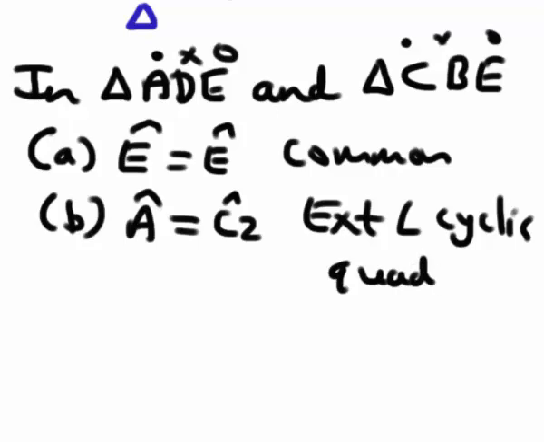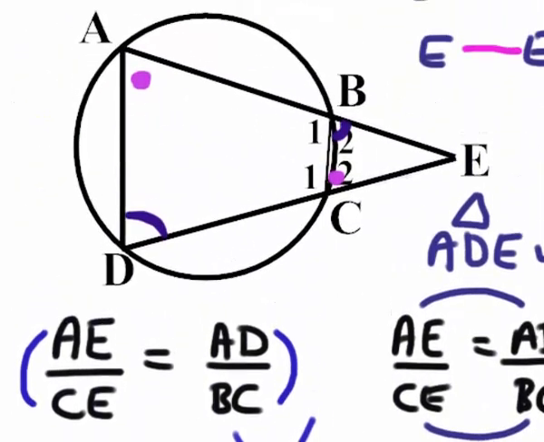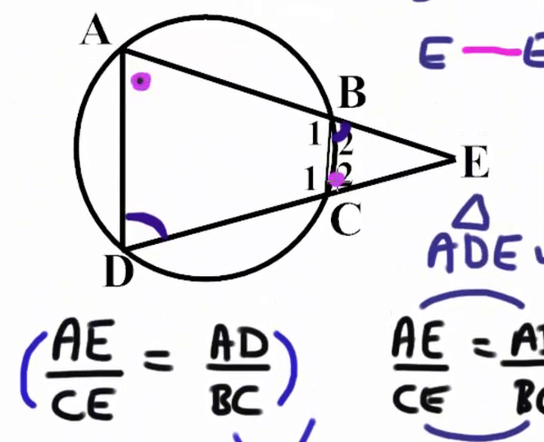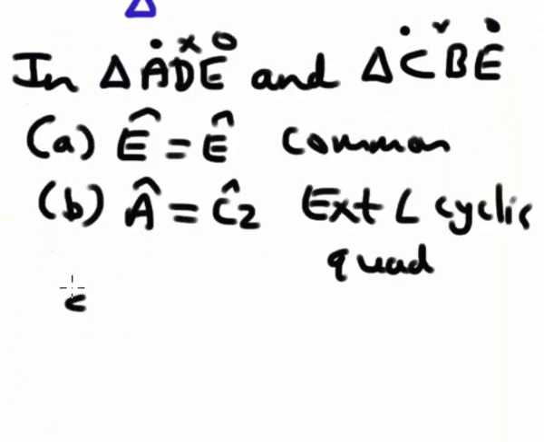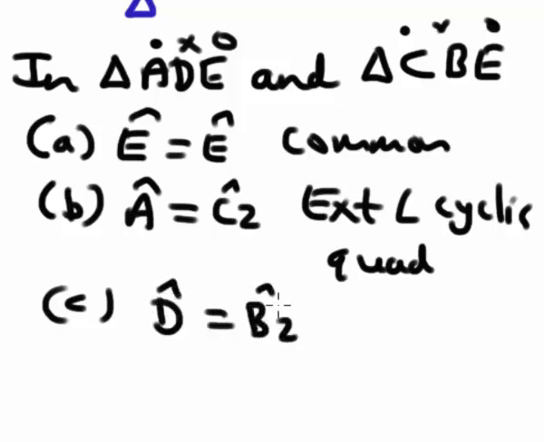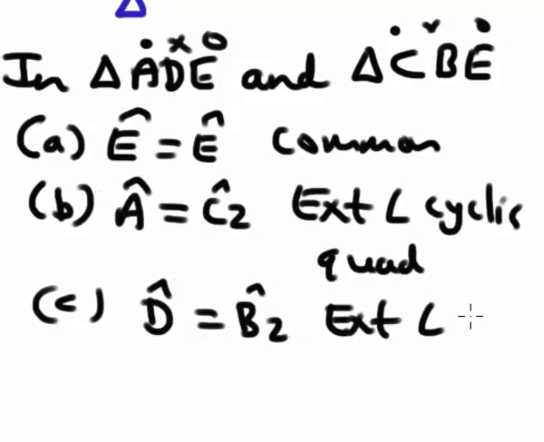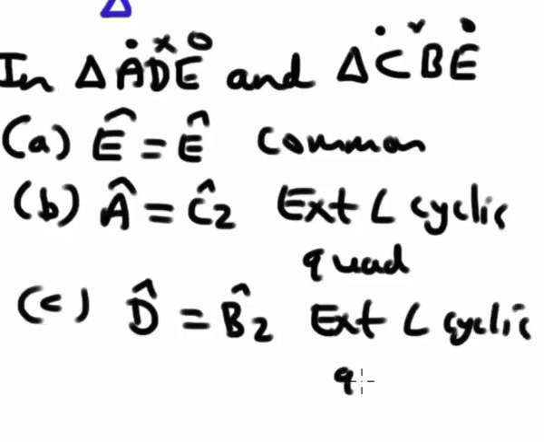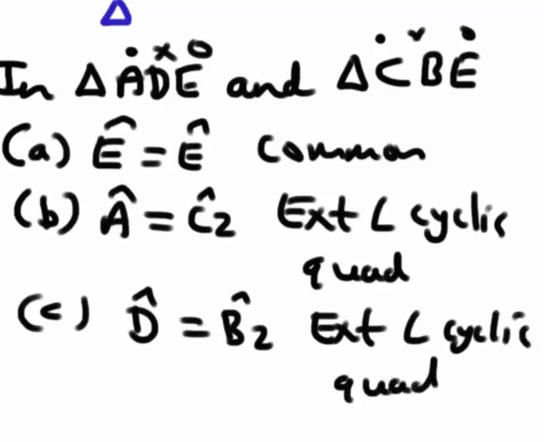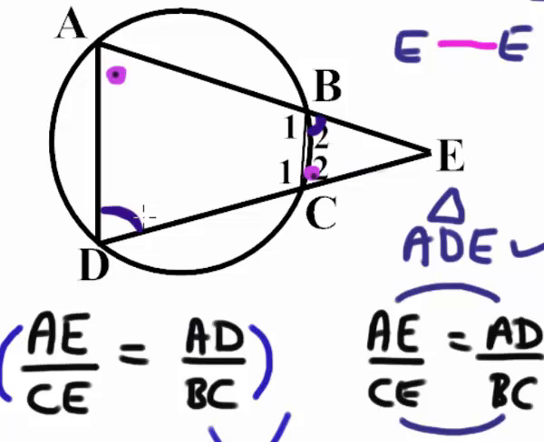So why is A equal to C2? A is equal to C2, exterior angle of a cyclic quad. And then in the next one, we can say D is equal to B2, and again, exterior angle of a cyclic quad. Good, now let's check that. D is B2. There we go.